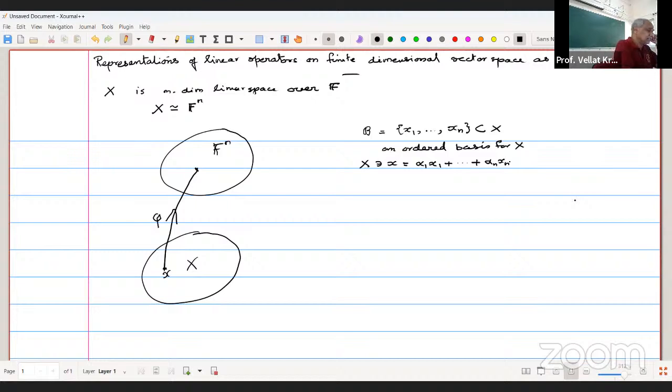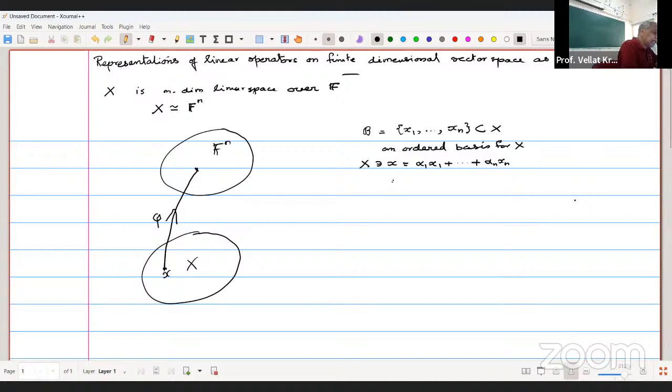This is not merely a basis, but an ordered basis, which means the first element, second element, etc., up to the nth element, the positions are fixed. Now, you see that alpha 1, alpha 2, alpha n are uniquely determined.